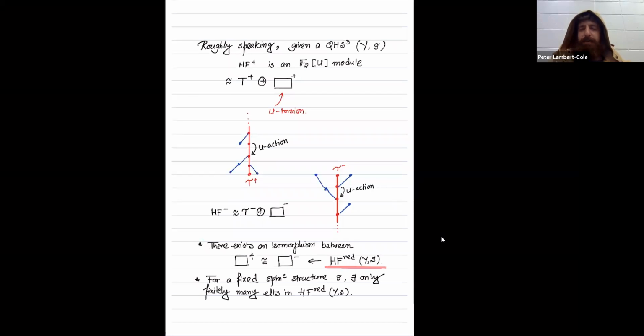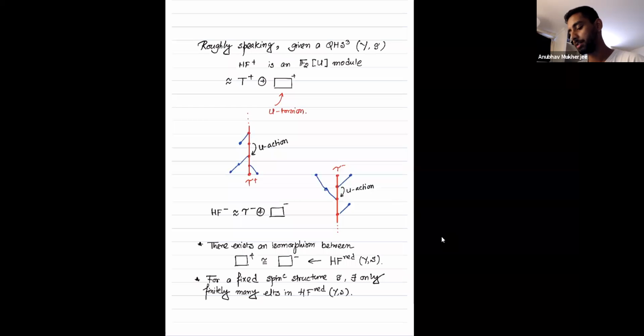Can you go back? When you have torsion, why are you visualizing that as something that comes off of your red line? Oh, this is not particularly the correct picture. It could be somewhere here also, away from the branches as well.